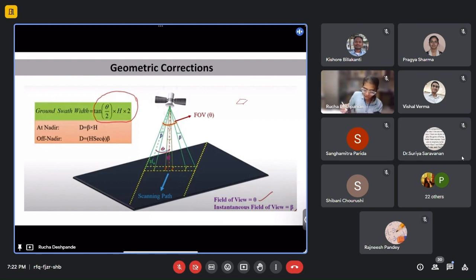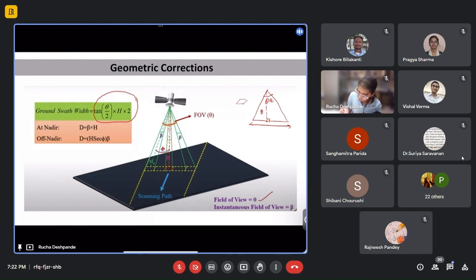Geometrically, we'll look at how this formula is derived first. This is very easy. This is the FOV, the total area that the satellite can look at in one pass. This angle would be theta by 2, and this is h, the height of the satellite.